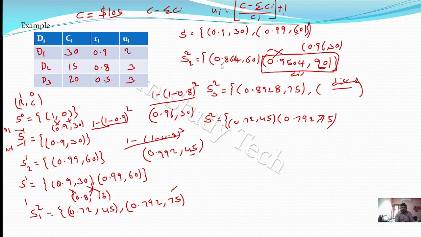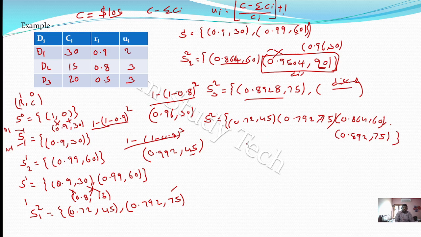Next, 0.864, that is 60, comma. Here it is 0.892, comma 75.